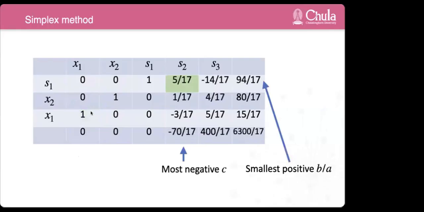Then you got this 0, 0, 1, 0. And on the most left, you see our basic variable. Our basic variable is now x1, x2, x1.